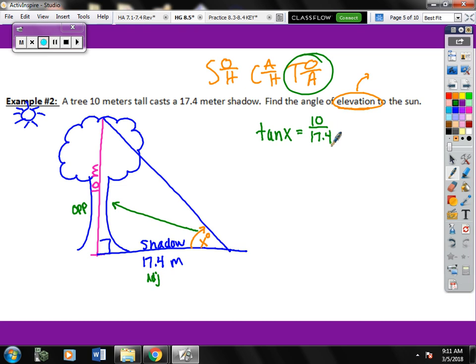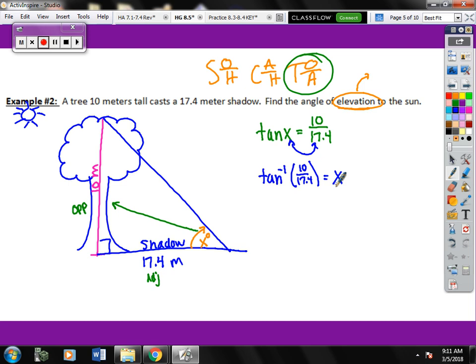How do I solve for x? Switch them around, right? When I switch them around, I'm taking the inverse tangent. And that goes right in our calculator.